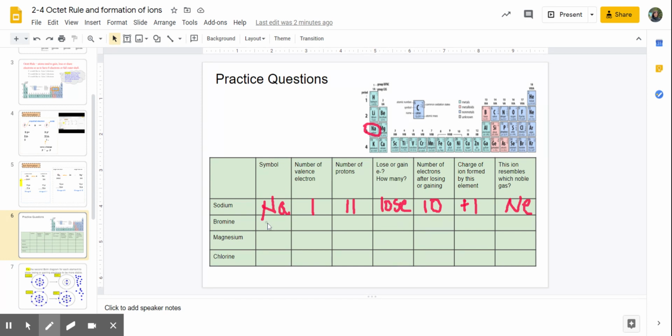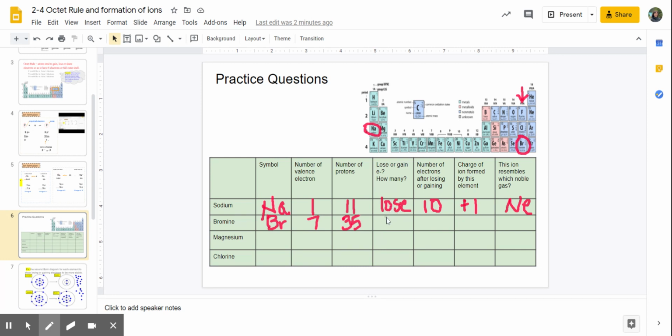Okay, next one, bromine. Bromine has the atomic number of 35. It's in group 7A, so we can write down the symbol Br, and the number of valence electrons is 7. Because it has the atomic number 35, it has 35 protons.